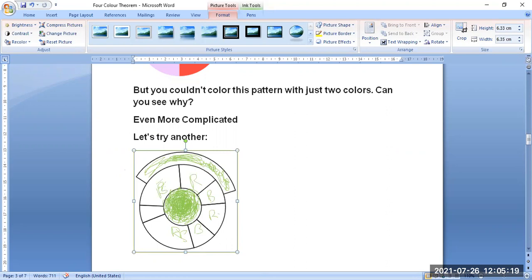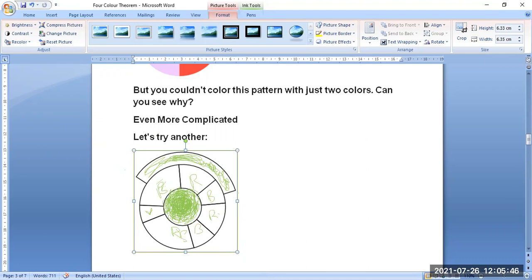Then what about this? It cannot be blue, it cannot be red, it cannot be green. So we can use violet here. So how many colors are there? Blue, red, green and violet, 4 colors. So 4 colors are required.